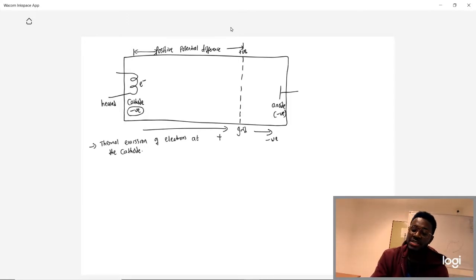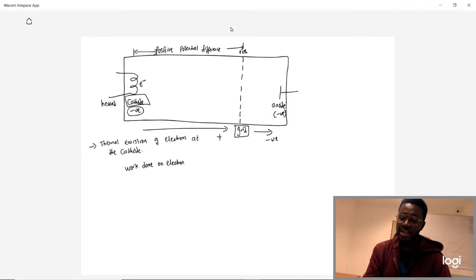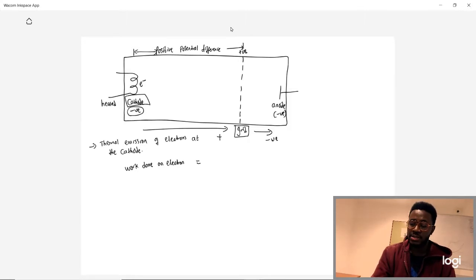So if there's a positive potential difference between our cathode and our grid, that means work can be done on the electrons. As a result, the electron is going to gain energy. So work done on the electron is equal to the energy gained by the electron.